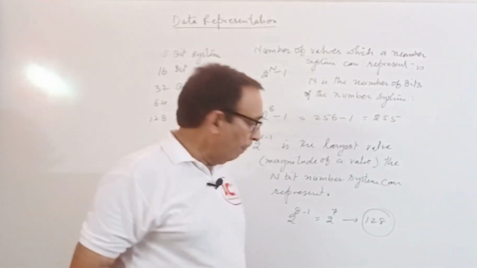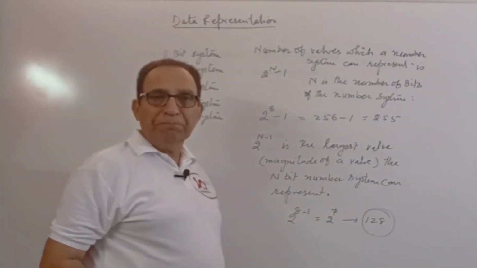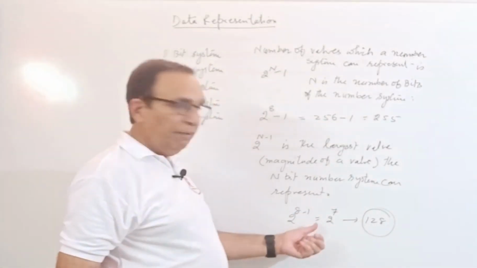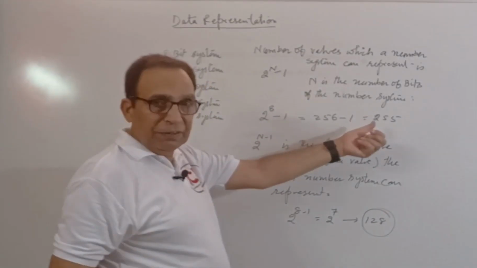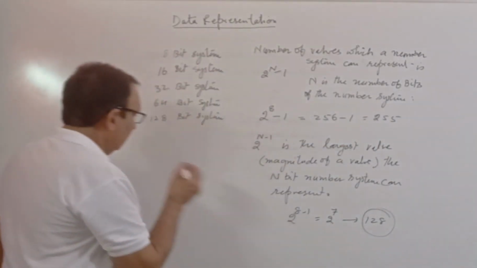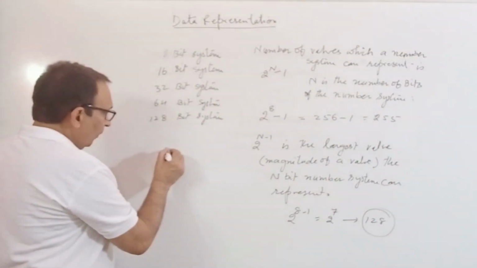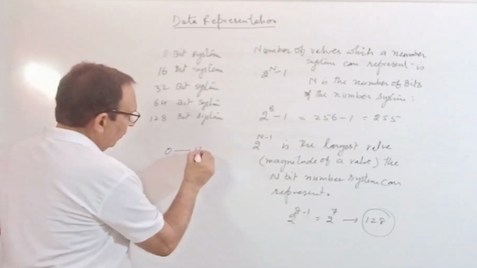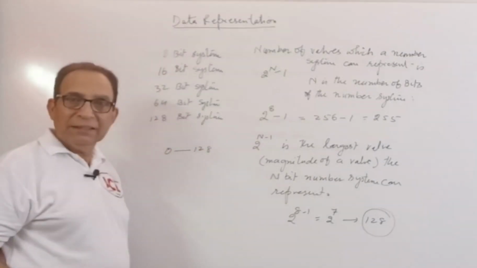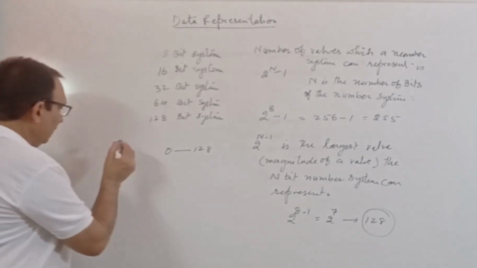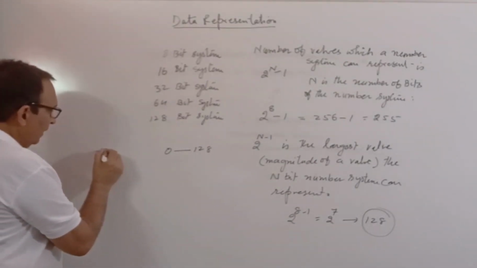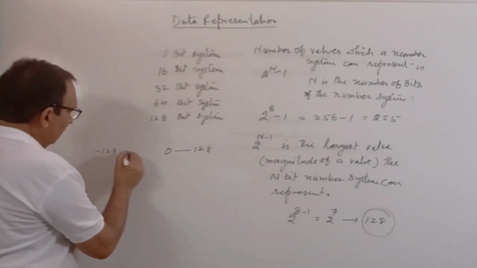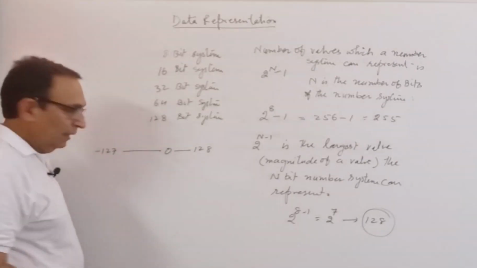We go further. So far we have learned only the positive values. So which are the values it can represent? 255. For that I write 0 to 128 and here minus 127 to this side.